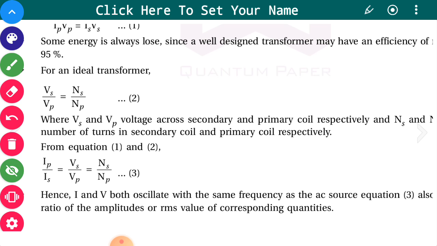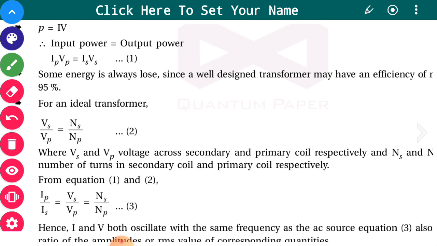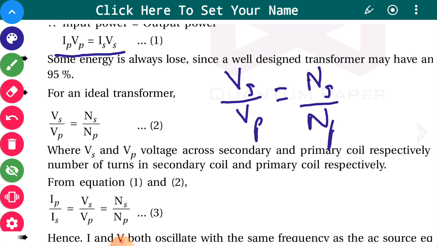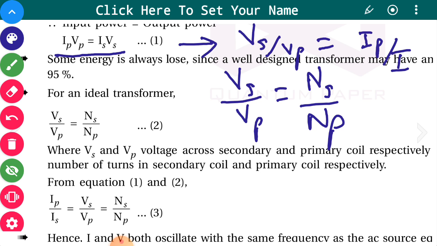Now these are the two equations, we just have to take the ratio. It can be done easily. Okay, this is very easy. Ip Vp is equal to Is Vs, and Vs upon Vp is equal to Ns upon Np. From this equation we can write Vs upon Vp is equal to Ip upon Is.